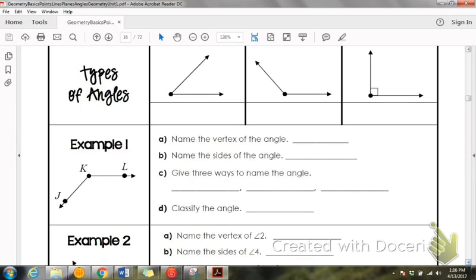It's straight up and straight across, makes a little square. It's perfect. This is called a right angle, where the measure of the angle is equal to 90 degrees. That little box means it's 90 degrees. You can never assume that it's 90 degrees unless you see the box.